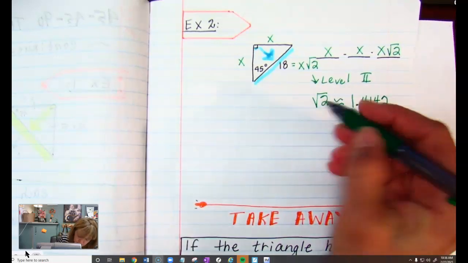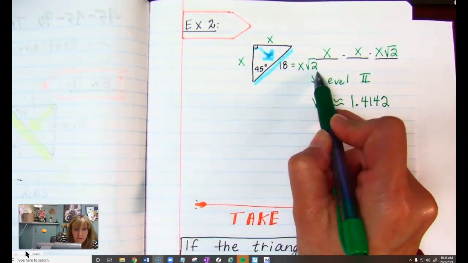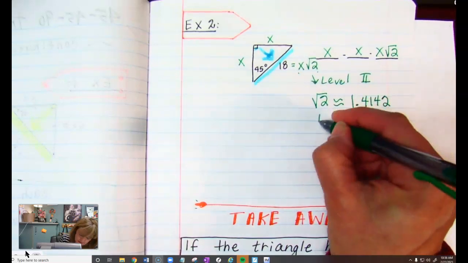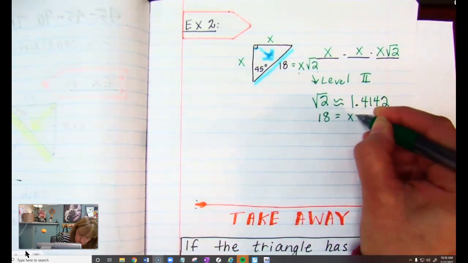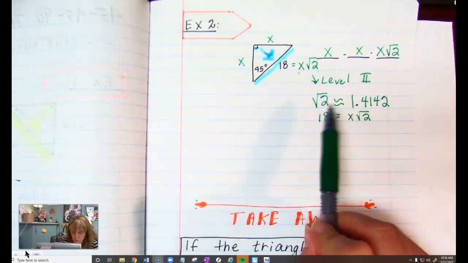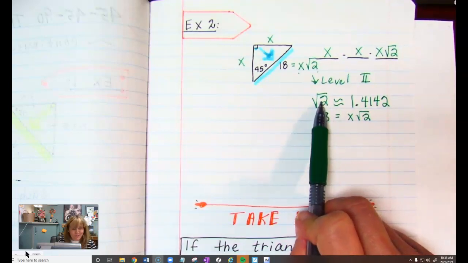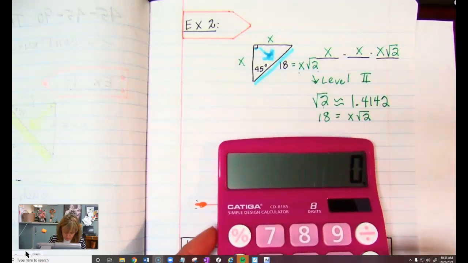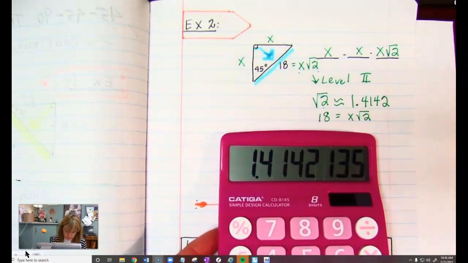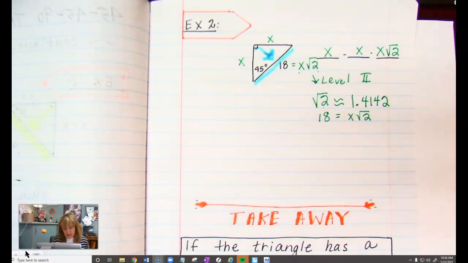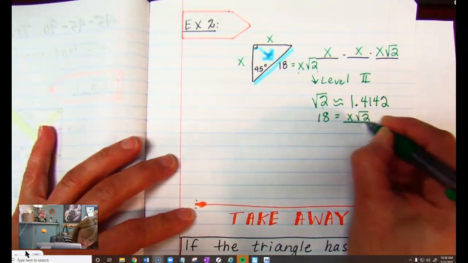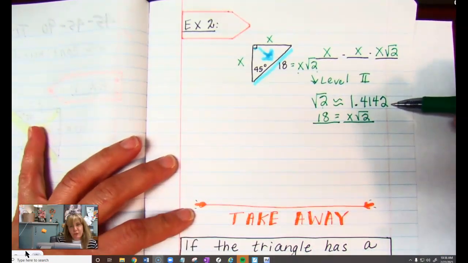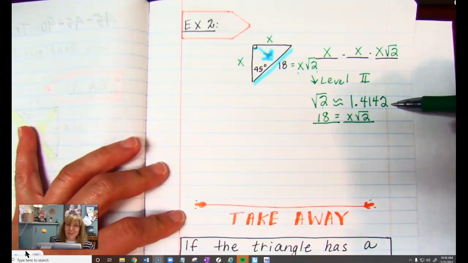So we're going to rewrite and then solve for X. 18 equals X root 2. But remember, root 2 is 1.4142. Let me double check. Yes, it is. All right, so we're going to divide by root 2. But what is root 2 in our calculator? 1.4142.